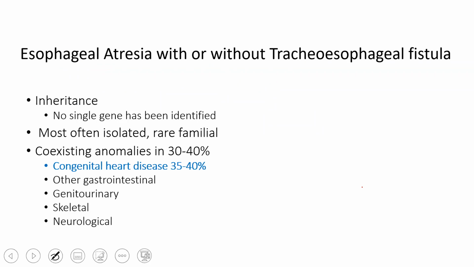What's important is that there are coexistent anomalies associated with it. So anytime you have esophageal atresia with tracheoesophageal fistula, it's very important to look for any other associated anomaly, and that's the board question. The most common associated anomaly is congenital heart disease. That's number one.